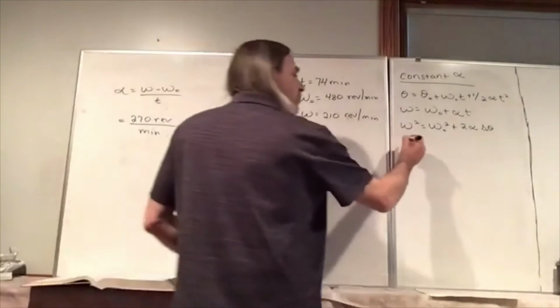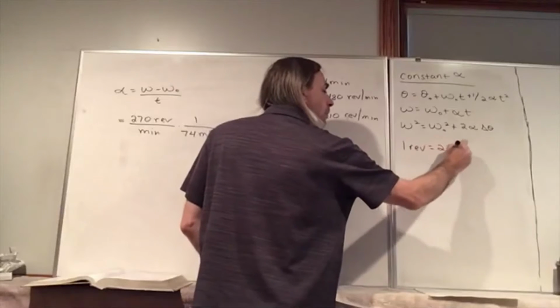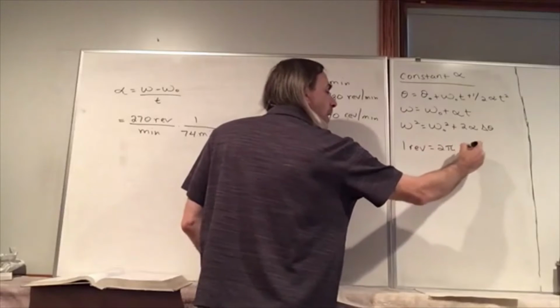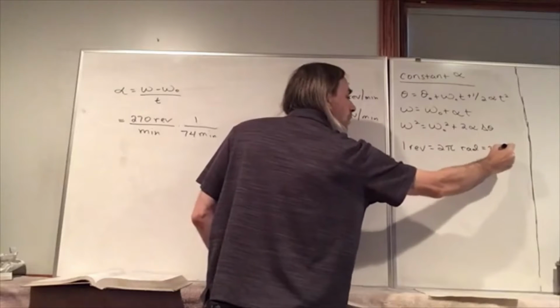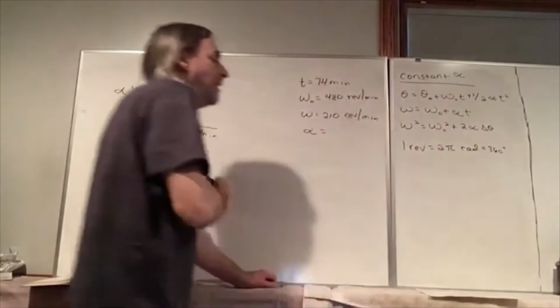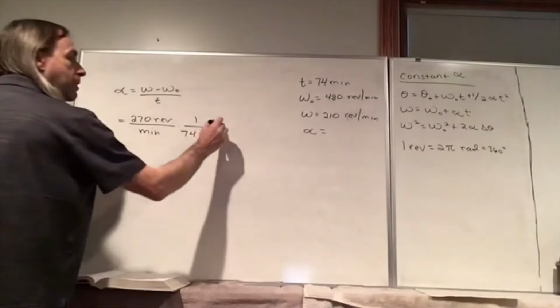So remember, one revolution is 2 pi radians, or 360 degrees. Let's convert to radians.